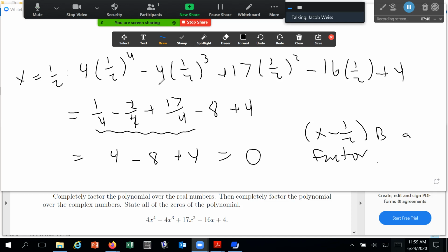All right, and we can actually multiply this by a constant and we still get a factor, okay? So I would like to multiply this through by something so that I don't have to work with a fraction. So let's multiply it by 2. And so 2x minus 1 is a factor. Okay?